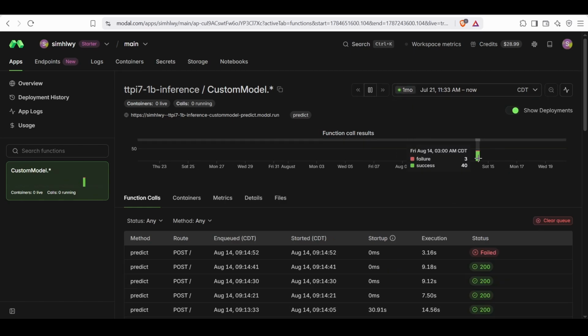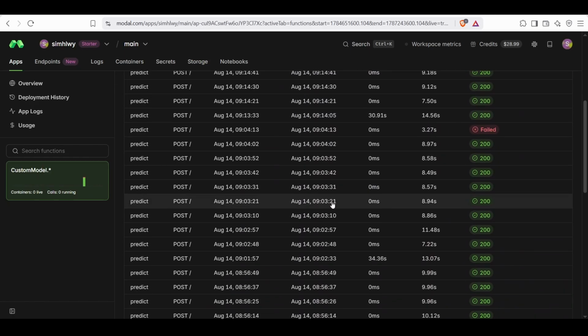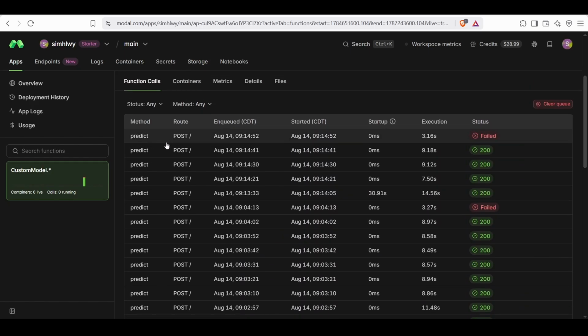And you can see here the predictions. The predict method was from my model that handled everything, so it connected the world model, the low level model, and the high level model. You can see the route through post, the startup times, and the execution time in seconds after it started up.